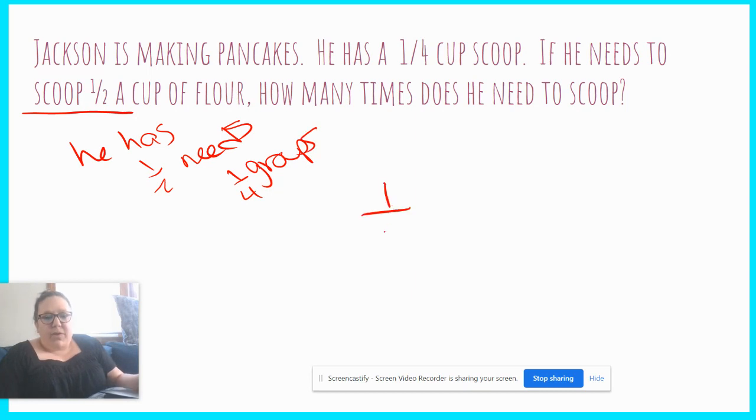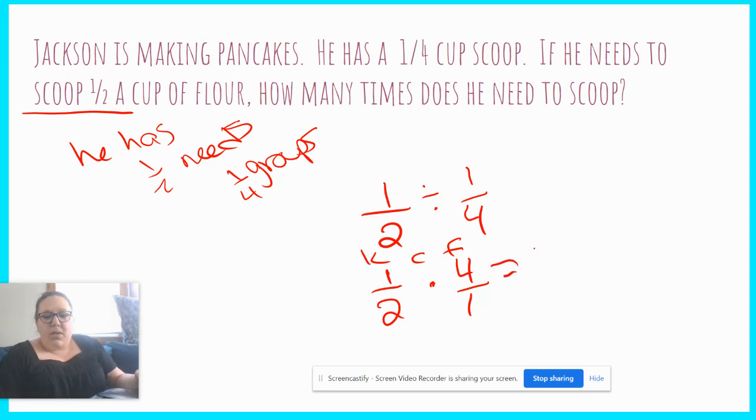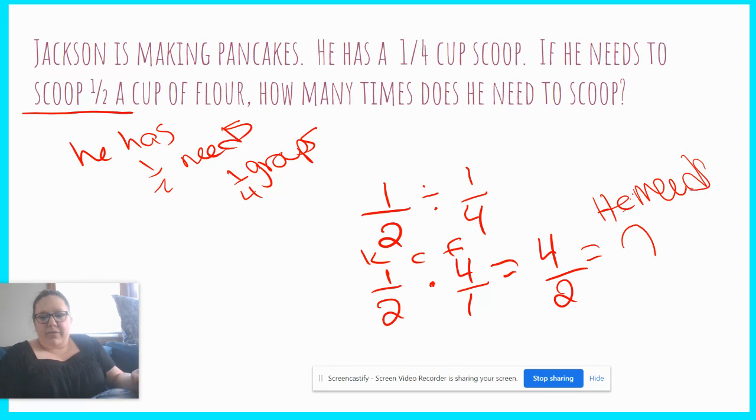So we're splitting up the 1/2 of flour that he has because he has the flour in front of him, and he's splitting it up into the scoops. 1/2 divided by 1/4 becomes 1/2 times 4 over 1 if I do my keep, change, flip. 1 times 4 is 4. 2 times 1 is 2. 4 over 2 would be 2, so he needs 2 scoops.